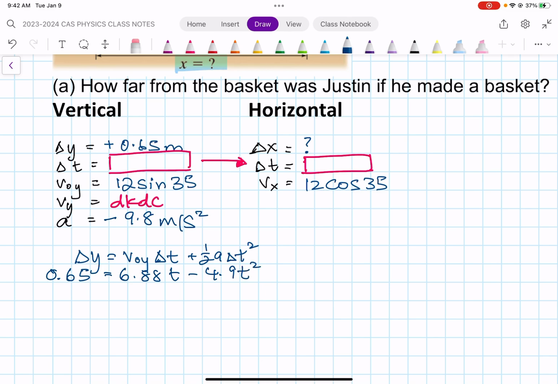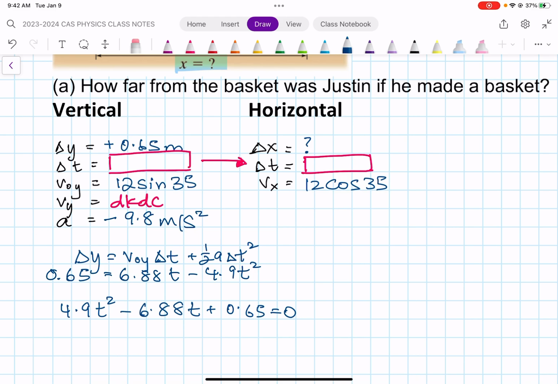So it looks like we have a quadratic equation here. So rearranging this to put it in the form of a quadratic, 4.9 t squared, I'm taking that to the other side, minus 6.88 t plus 0.65 equals 0.